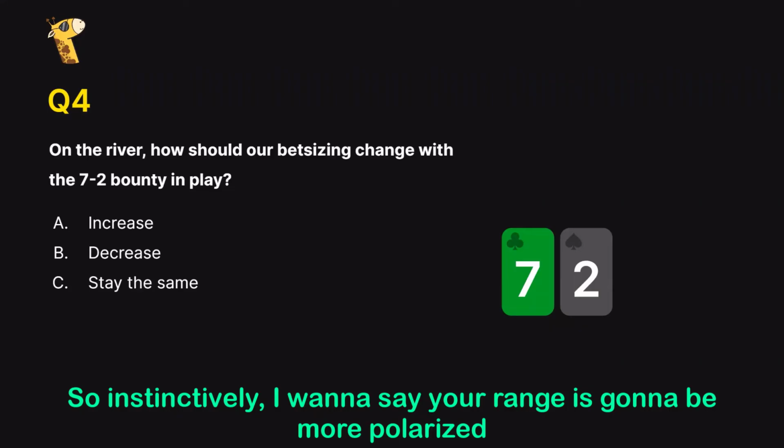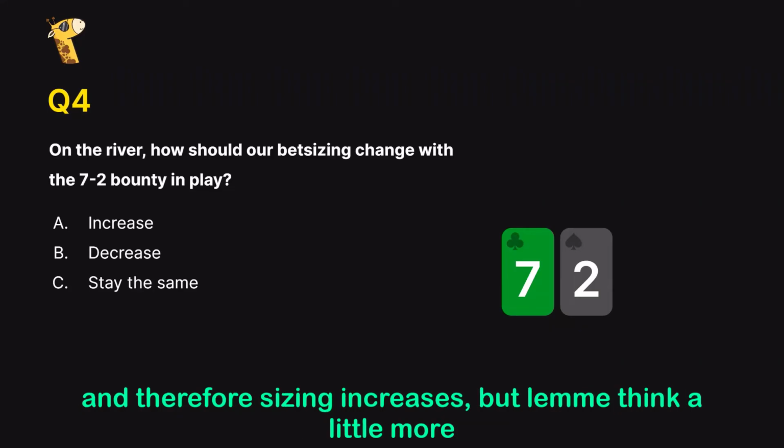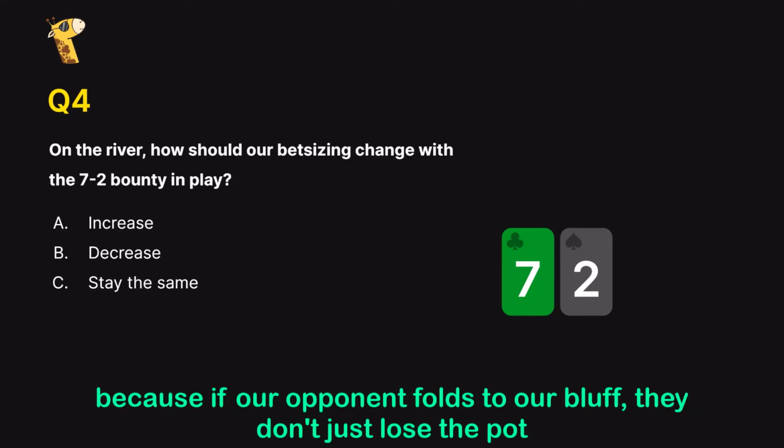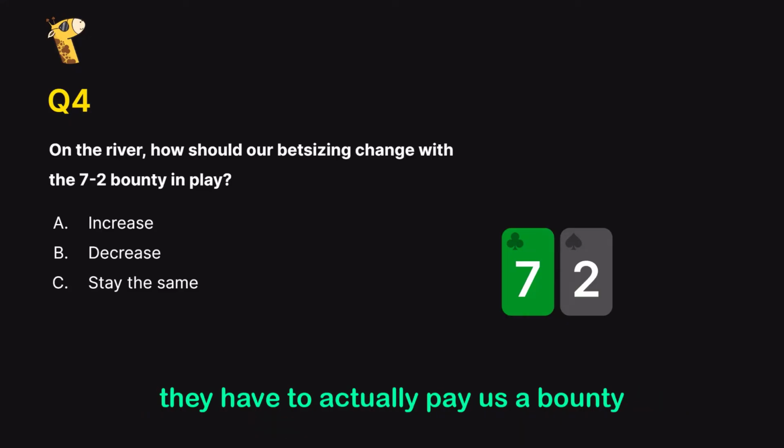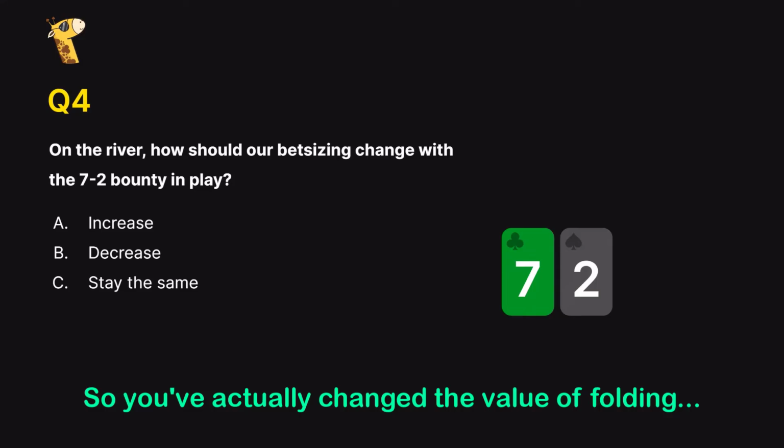So instinctively, I want to say your range is going to be more polarized and therefore sizing increases. But let me think a little more, because if our opponent folds to our bluff, they don't just lose the pot. They have to actually pay us a bounty. So you've actually changed the value of folding.